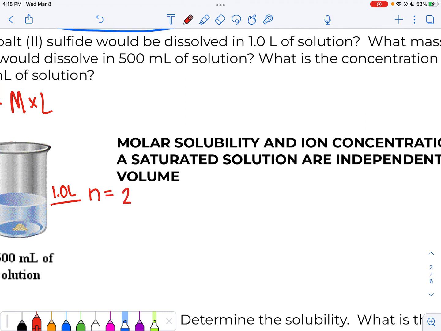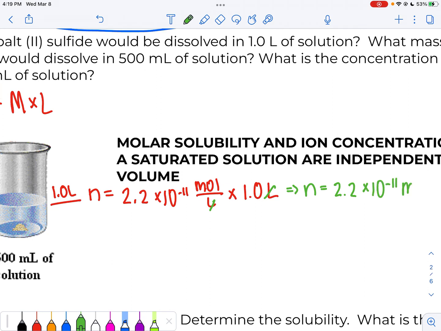We know the molarity of our solution is 2.2 times 10 to the negative 11th. This is our concentration. Multiplying it by our volume, 1 liter first, the units cancel, liters, and we end up with n equal to 2.2 times 10 to the negative 11th moles.